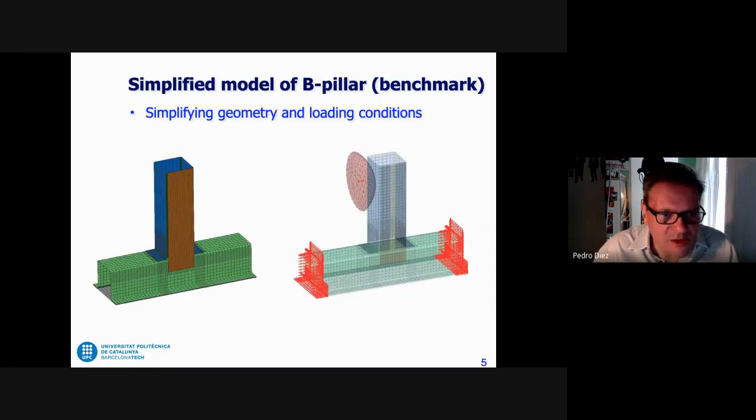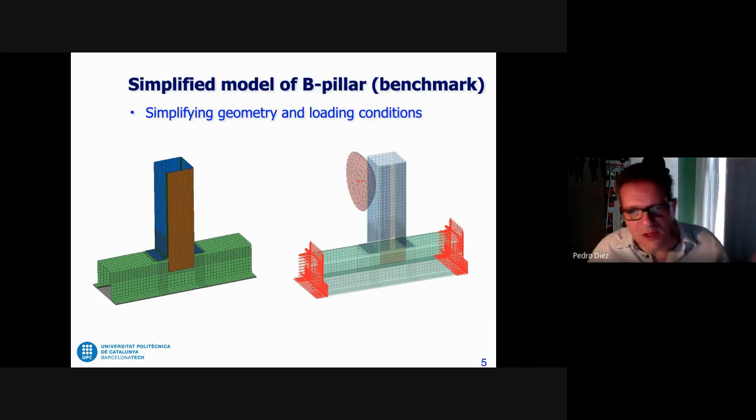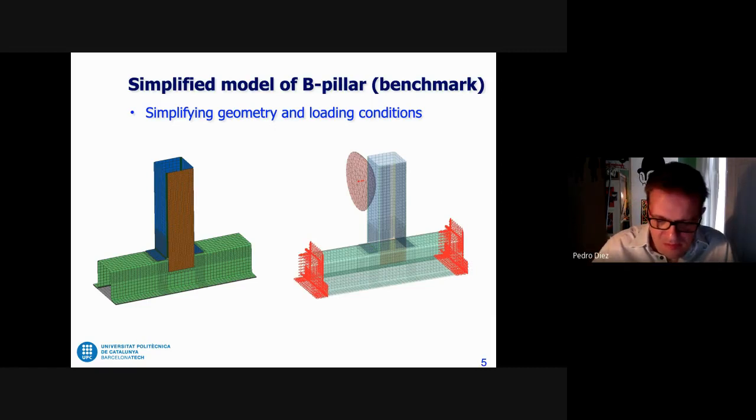Typically, a car is a very complex structure, so many car manufacturers like Volkswagen have created benchmarks, and typically we address the exploratory problems in simple cases like the one we're seeing here, which is how an impactor acts upon a beam that represents the behavior of this B pillar.